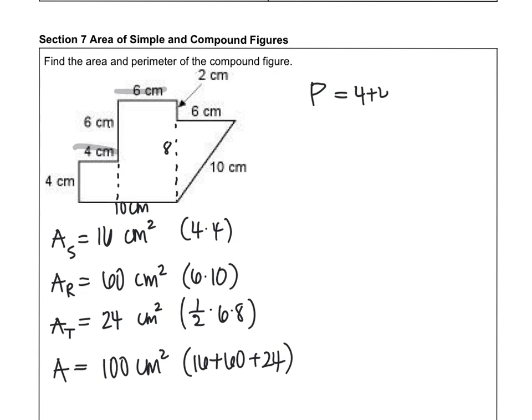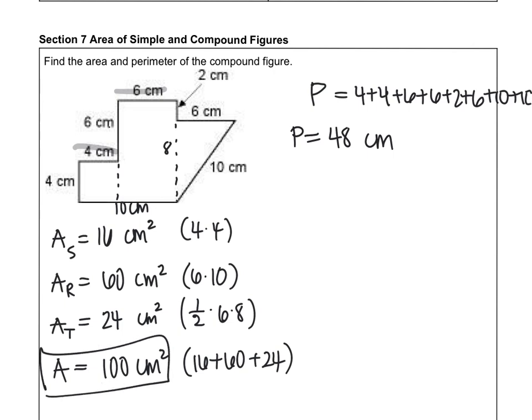So 4 plus 4 plus 6 plus 6 plus 2 plus 6 plus 10 plus 10 is 48 centimeters.